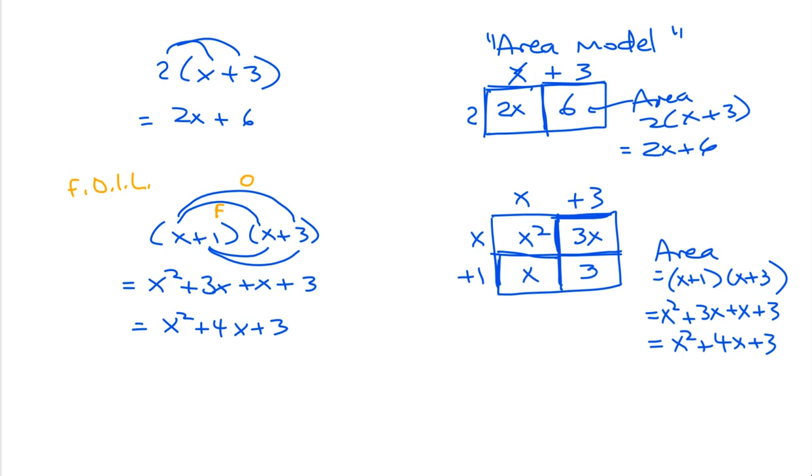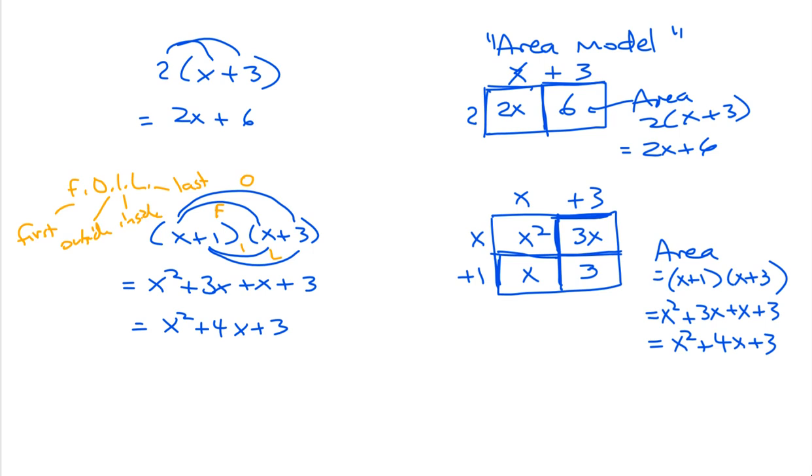Then we multiplied the 1 by the x, and we call that I because those are the inside terms from the brackets. And finally, the last one is called L because 1 times 3, those are the last terms in each bracket that we multiplied. So FOIL stands for first, outside, inside, last. And it's just a way to remember that there are 4 multiplications to do.